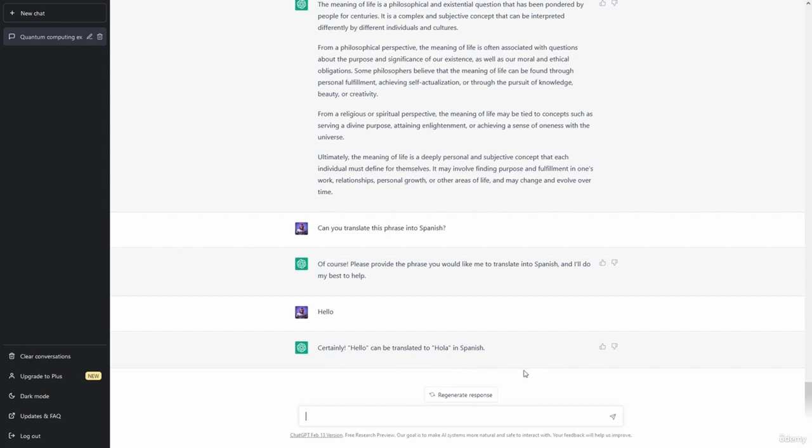Awesome. Now, we want to keep in mind that ChatGPT will allow you to continue to ask questions about the same topic as long as it's relevant and appropriate. So here we should be able to still ask it to translate another word into Spanish. So let's see if it does. Another word or phrase.